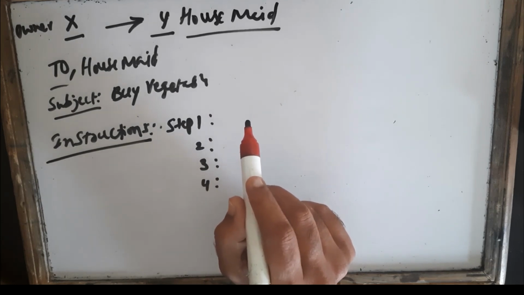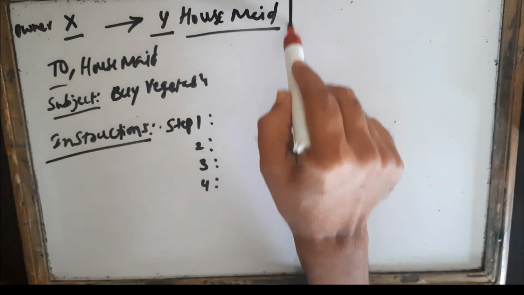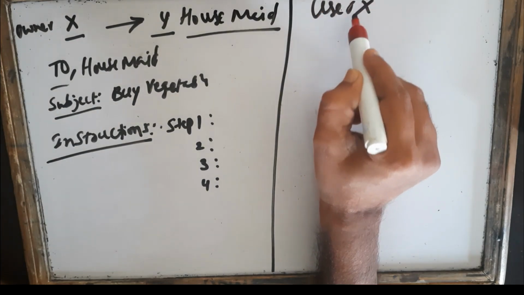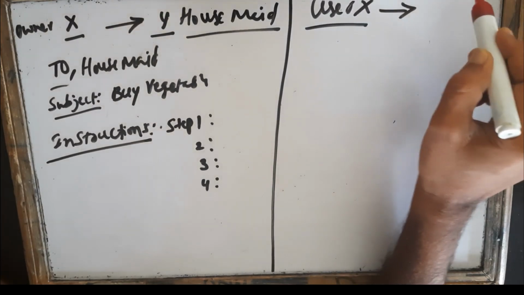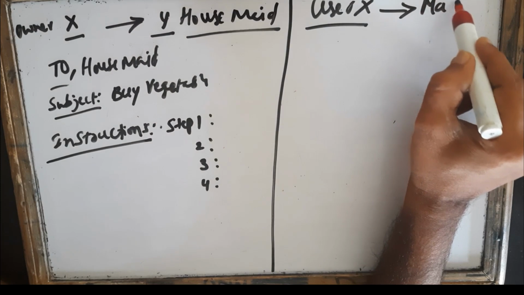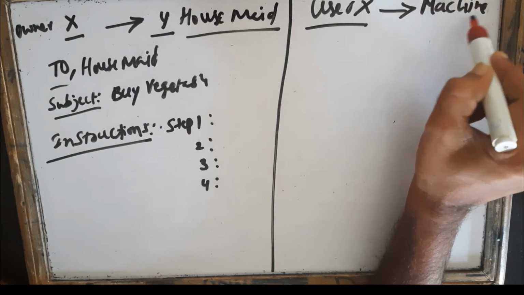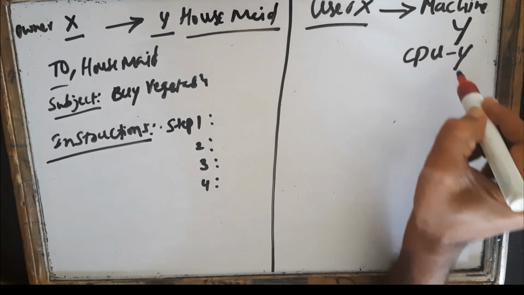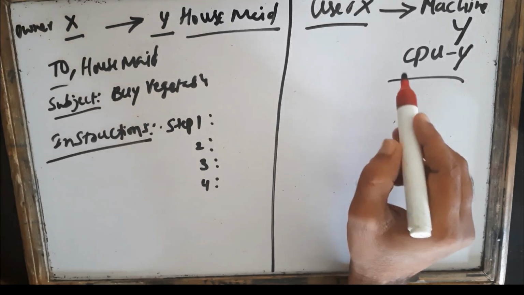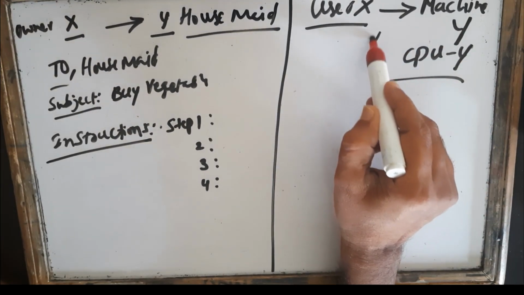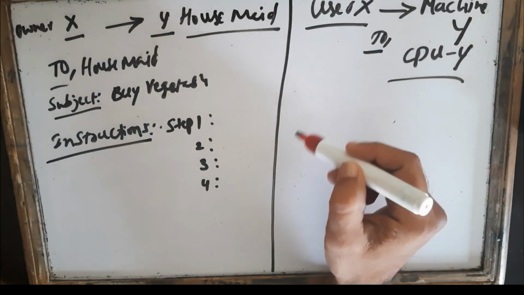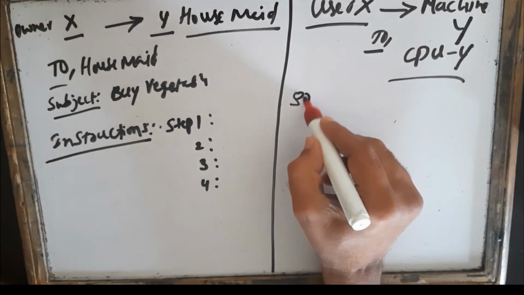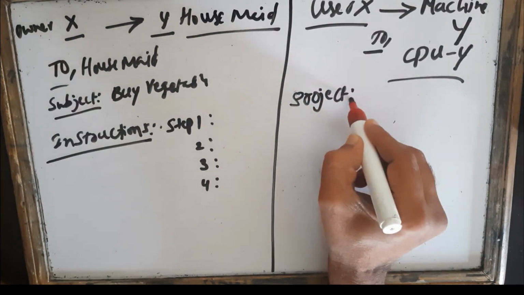Okay, so the same way, as a user X, we write instruction to the machine Y or CPU Y. We write this to the machine Y, and this subject or maybe the project, we call it project here in the C context.